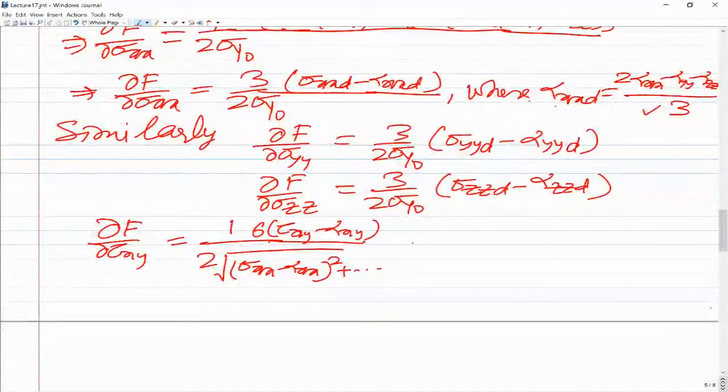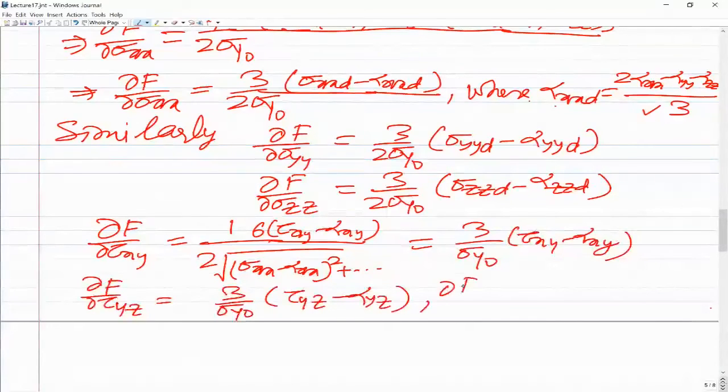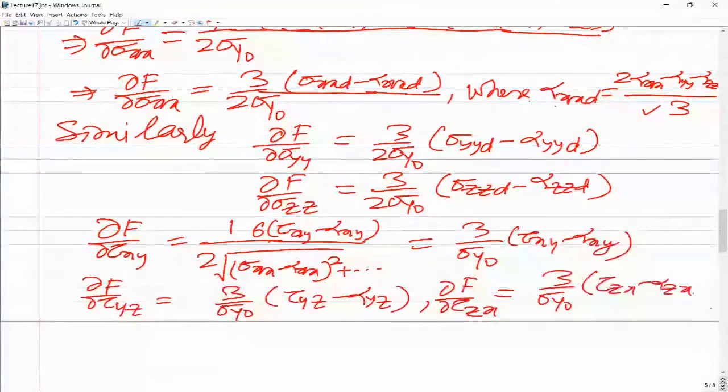As you see, you can write this as 3 upon sigma y naught into tau xy minus alpha xy. Similarly, del f by del tau yz would be 3 upon sigma y naught into tau yz minus alpha yz, and del f by del tau zx would be equal to 3 upon sigma y naught into tau zx minus alpha zx.